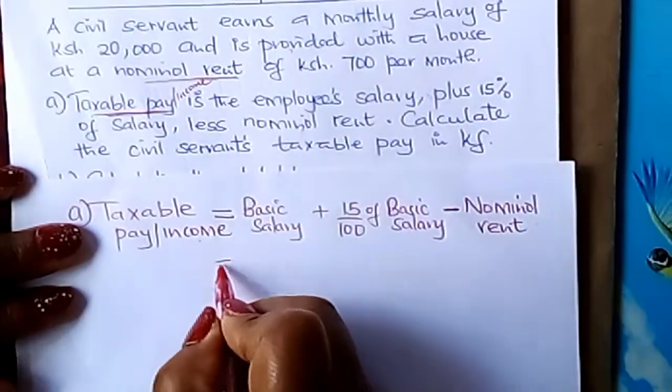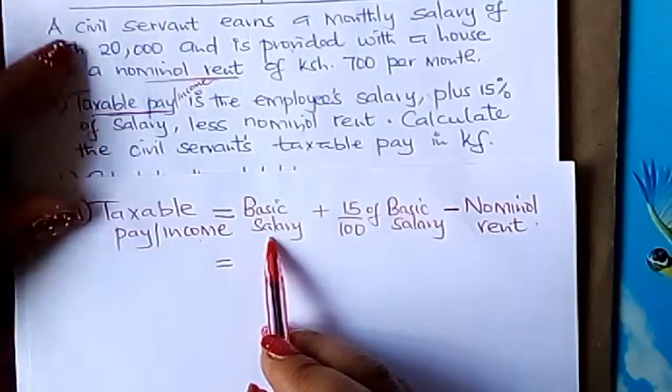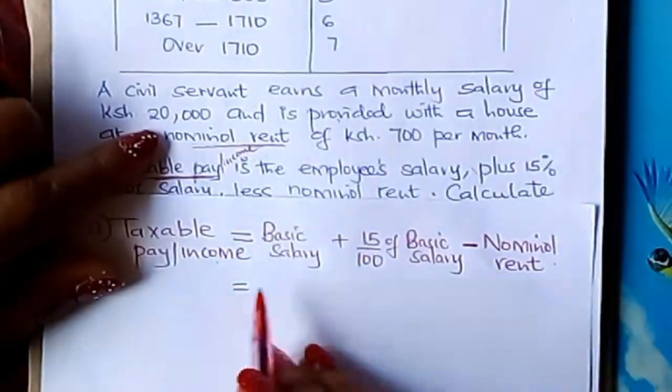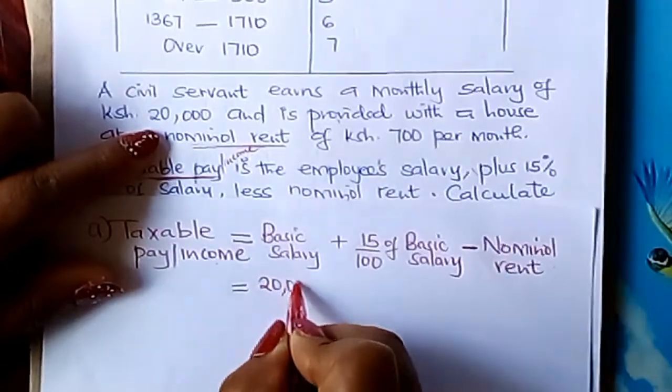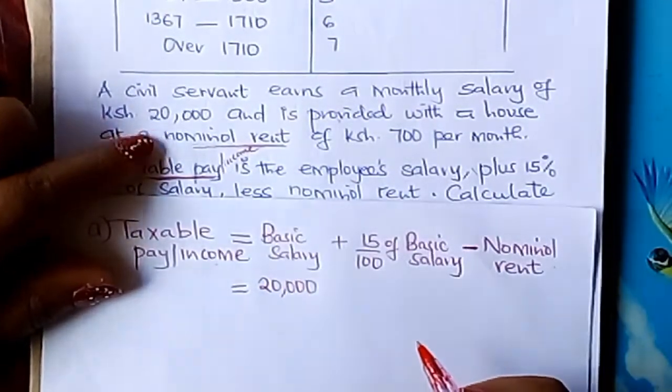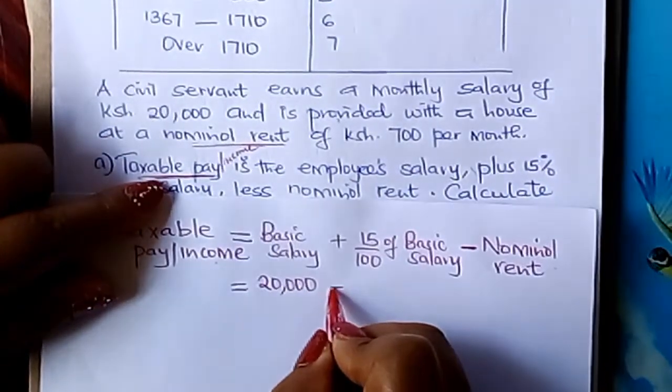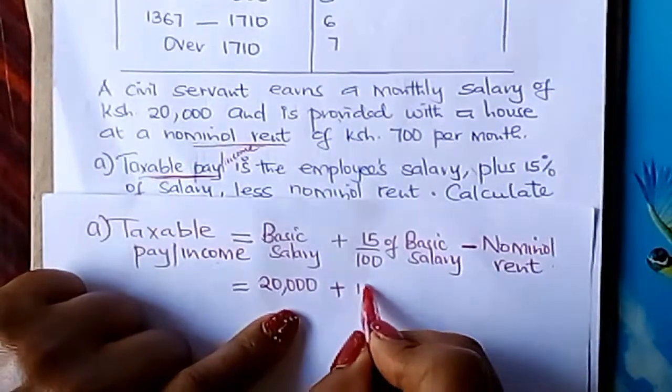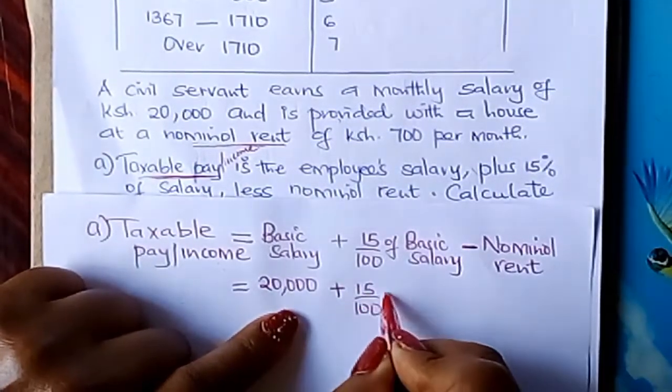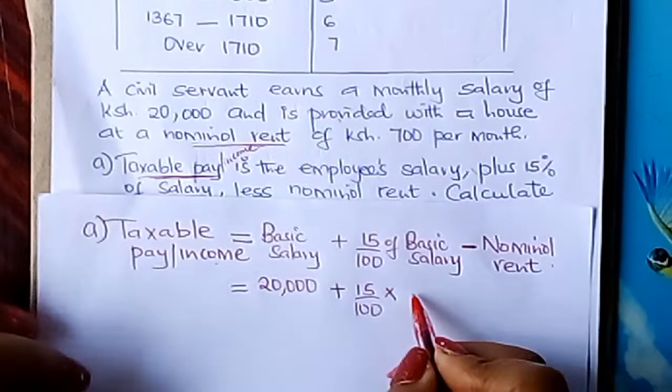So we come to this. His basic salary, learner, is 20,000. And therefore, you continue and say 20,000 plus 15% off. Off means times or multiplication.